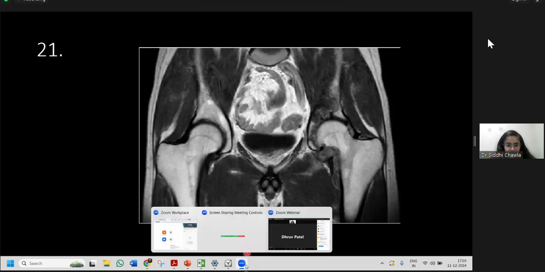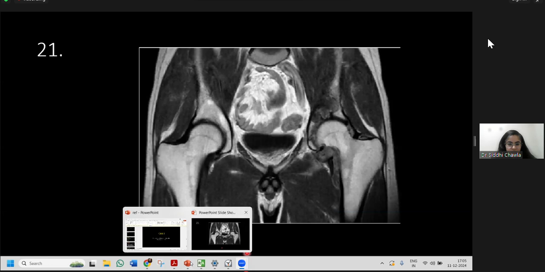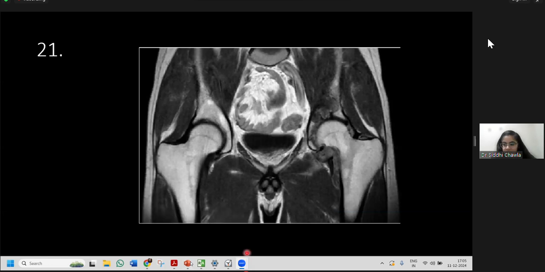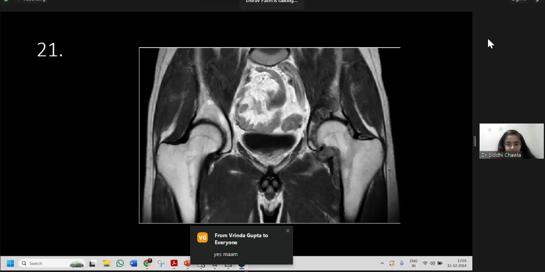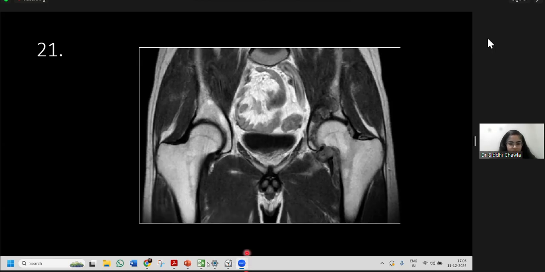How do we, are you able to see the images of the spotters? So somebody has already answered. Dr. Dhruv, are you there? Yeah, we can see the images. But okay, I think I should share this.